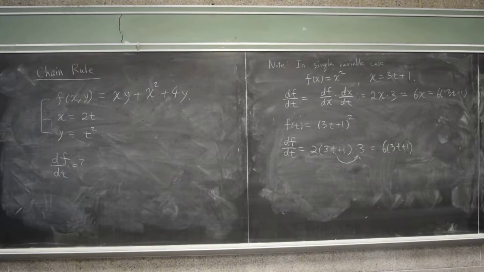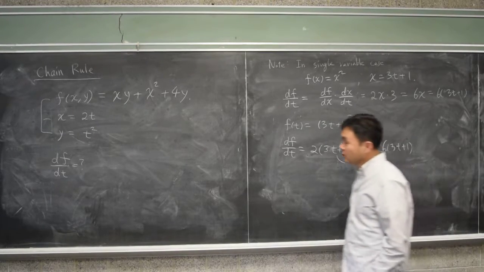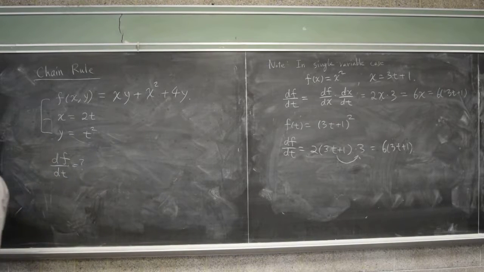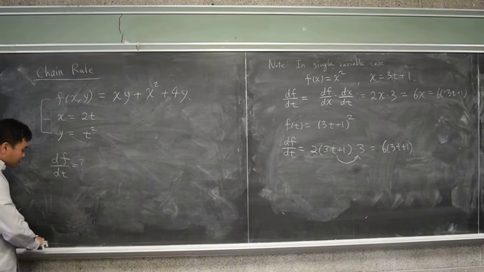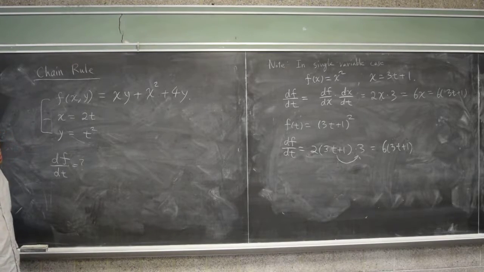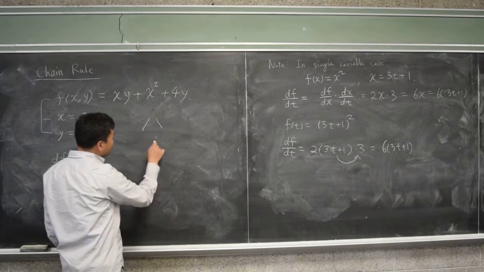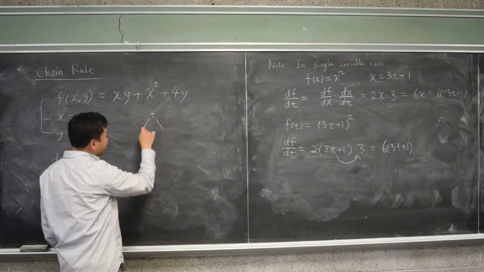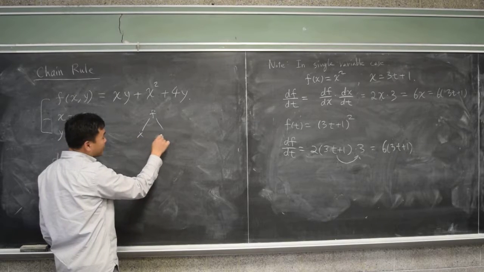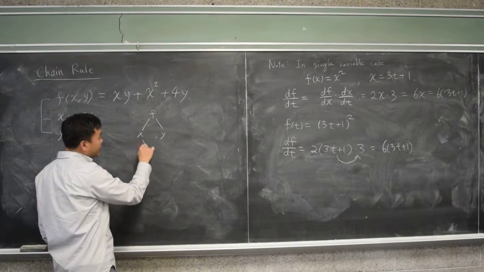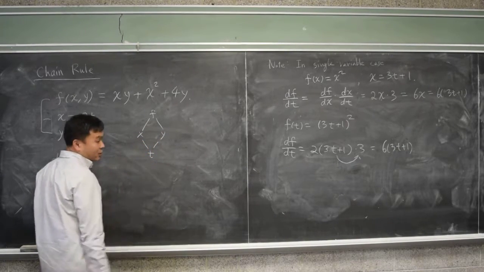All right, so that's what we had in the single variable case. Now back to this example. Here, the circumstance is more complicated because f depends on both x and y, and x and y both depend on this single variable t.